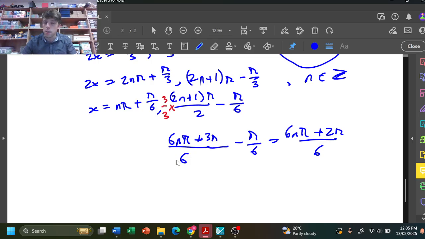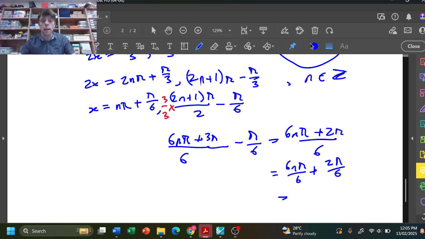I'm seeing a 6 here and a 6 here. So maybe we can write this as 6n pi over 6 plus 2 pi over 6. This is allowed because they both have the same denominator, just like we can add them by bringing them onto the same fraction and then adding the numerators, we can also split them in the exact same way.